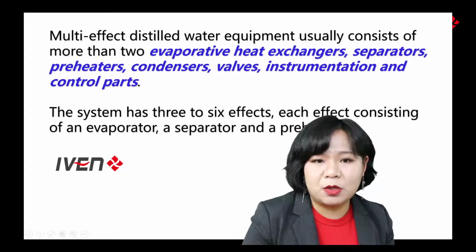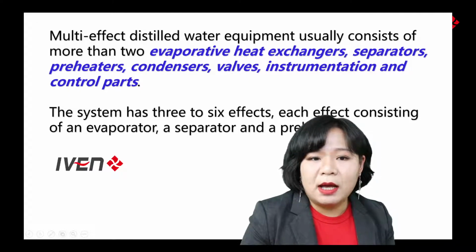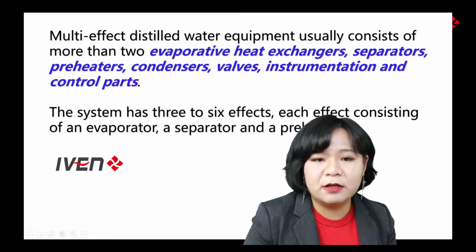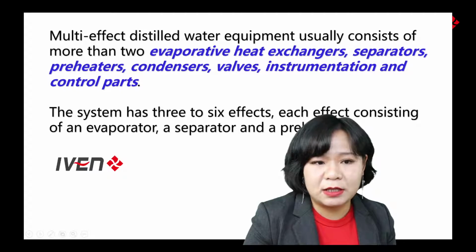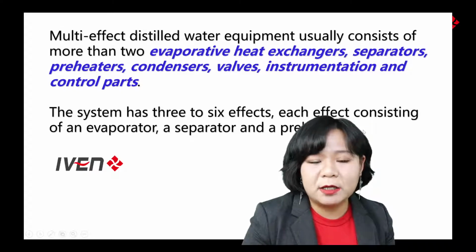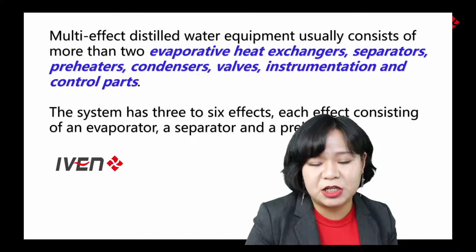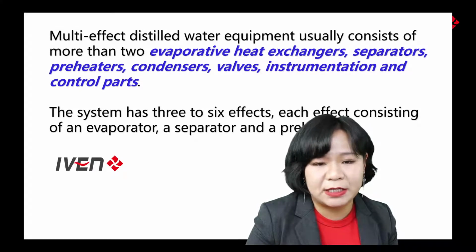Multi-effect distilled water equipment usually consists of more than two heat exchangers and separators, preheaters, condensers, valves, instrumentation, and control parts. The system has 3 to 6 effects. Each effect consists of an evaporator, a separator, and a preheater.